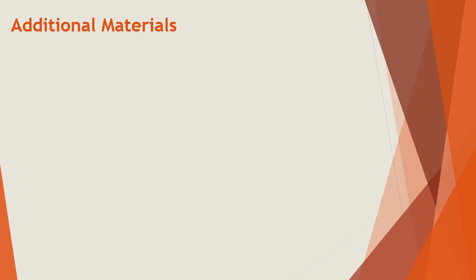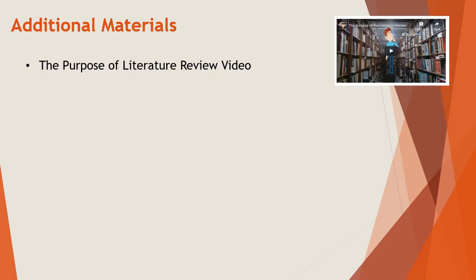The final materials in Module 5 in the additional materials section are pretty brief, but they are also pretty powerful. The first is a very short 3-minute video on the purpose of literature review. And this does a great job of explaining these 6 different reasons why we do literature review, but more importantly in my mind, it gives you the critical reasons behind why we do it.